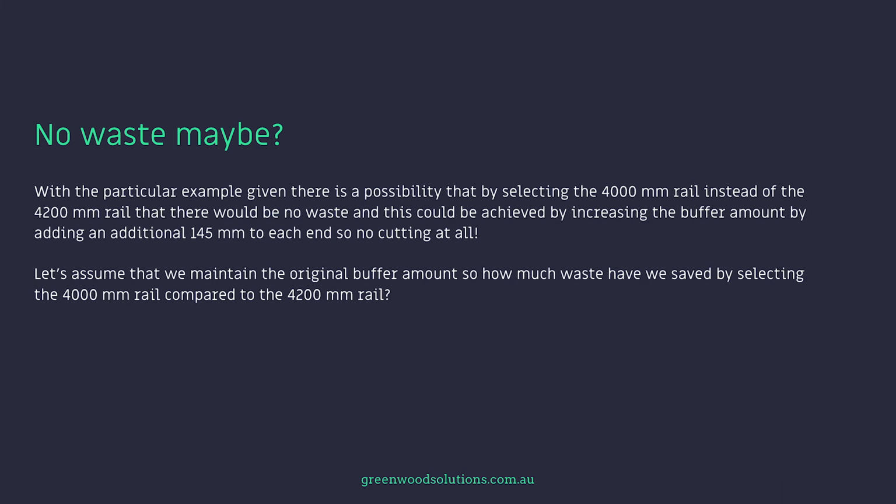And you could achieve this by increasing the buffer amount by adding an additional 145 mil to each end, so no cutting at all. Let's assume that we maintain the original buffer amount, so how much waste have we saved by selecting the 4,000 mil rail compared to the 4,200 mil rail?